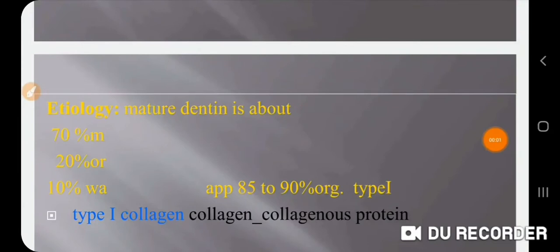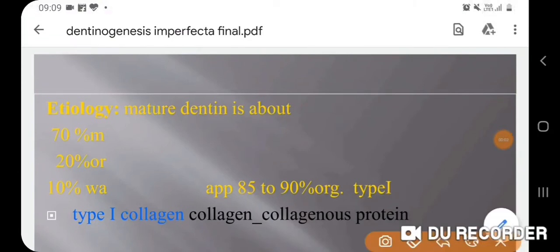Now we come to the part of etiology. What is the etiology behind dentinogenesis imperfecta? We all know that dentine is made of 70% mineral, 20% organic matrix, and 10% water.